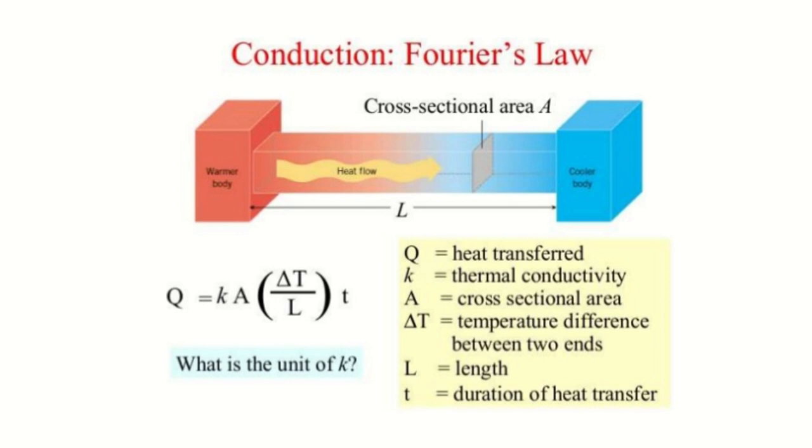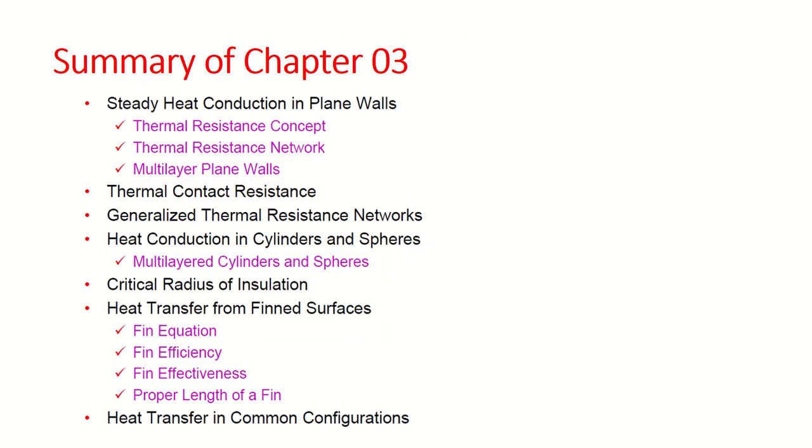Okay, so now let's move to the summary of this chapter. In the lecture you have covered steady state heat conduction in a plane wall, how heat conduction happens in a plane wall. You have done the energy balance for it, which is the rate of heat transfer into the wall minus the rate of heat transfer going out of the wall is nothing but the rate of change of energy of the wall itself.